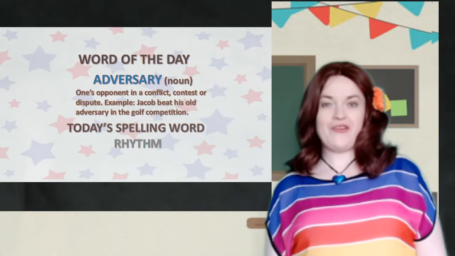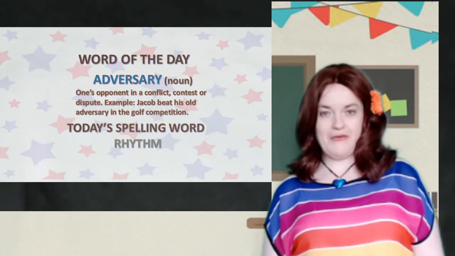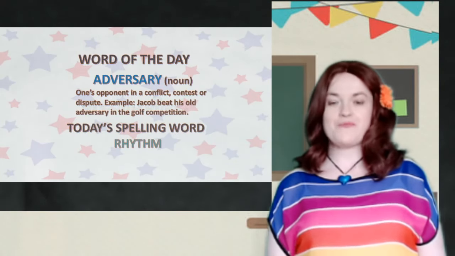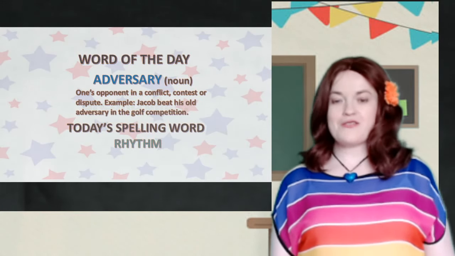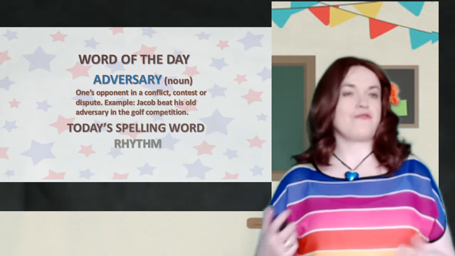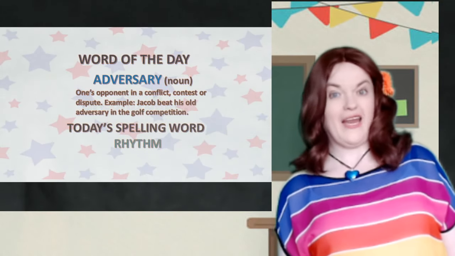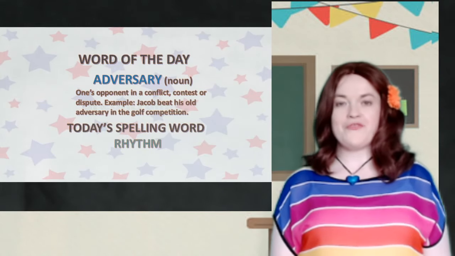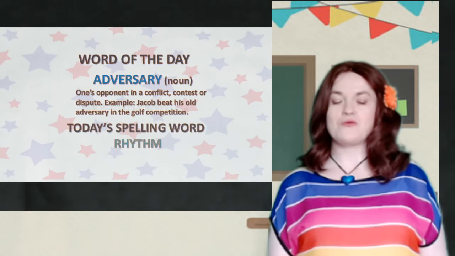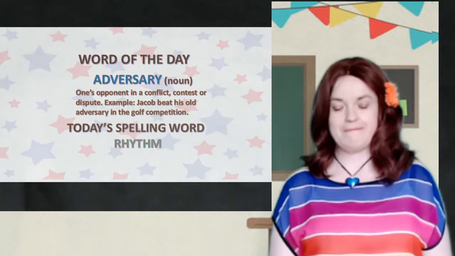So today's word of the day is adversary. The word adversary is basically an opponent, somebody you're in contest with, or you've got a dispute with, or you're in conflict with, basically an enemy. An example on the screen is Jacob beat his old adversary in the golf competition.